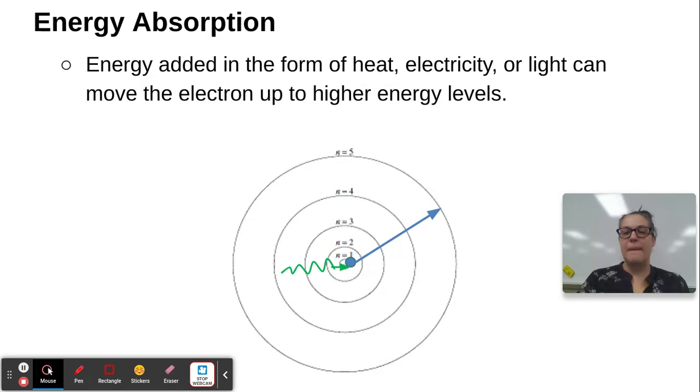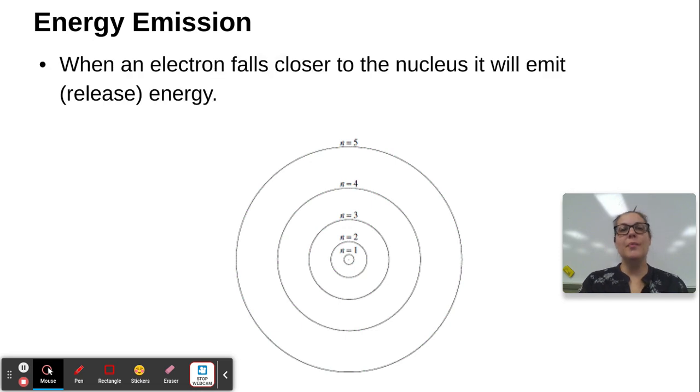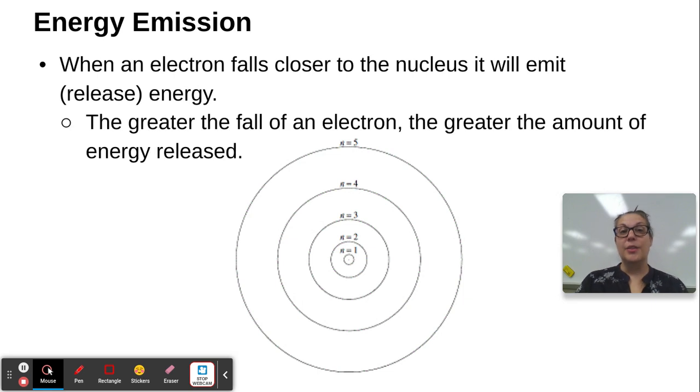So what happens? Well, eventually that energy is going to be emitted or released. So when an electron falls closer to the nucleus, it is going to emit or release energy in the process. The greater the fall of an electron, the greater the amount of energy being released.